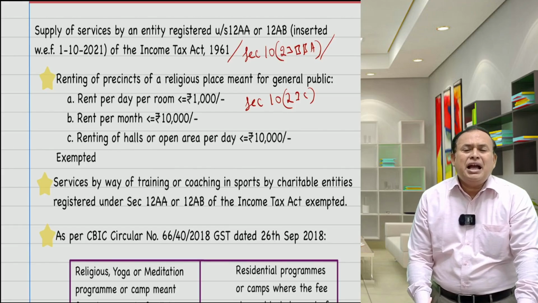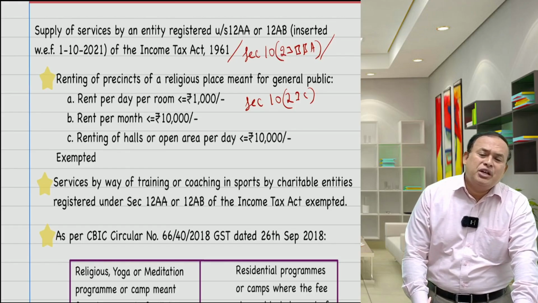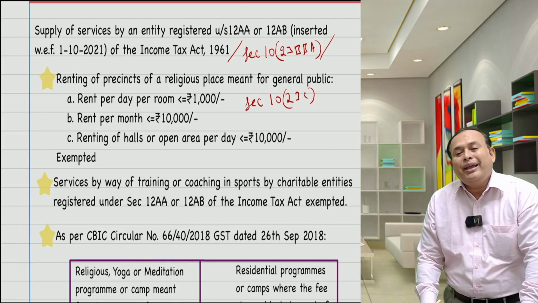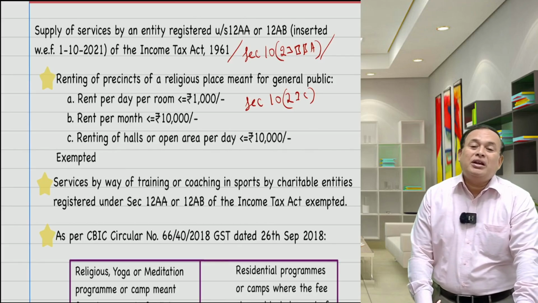Sir, they have the auditoriums, they have the Kalyana Mandapams, which they give on a day basis. If so, per day, such rent less than or equal to rupees 10,000 qualifies for exemption.